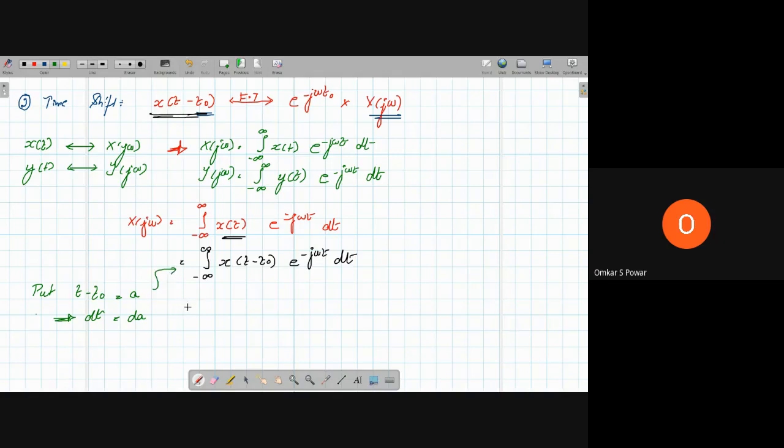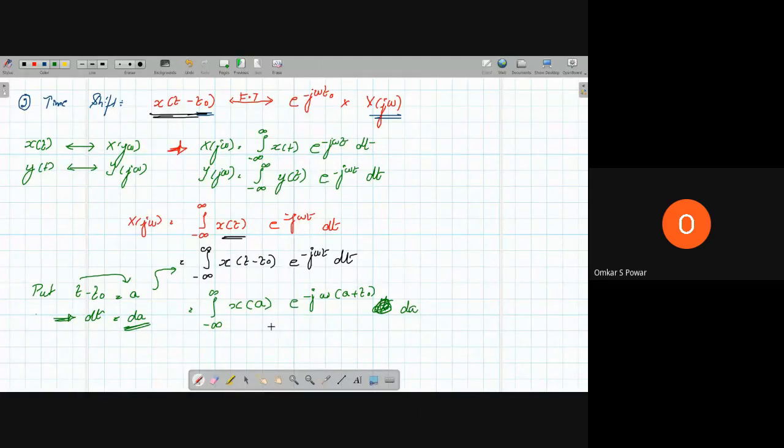Integral from minus infinity to infinity x of t minus t naught, that is x of a, then e power minus j omega. What is your t? T is nothing but, from here, a plus t naught. So a plus t naught into dt. But here dt is equal to dA, so this is dA. Don't make that mistake.